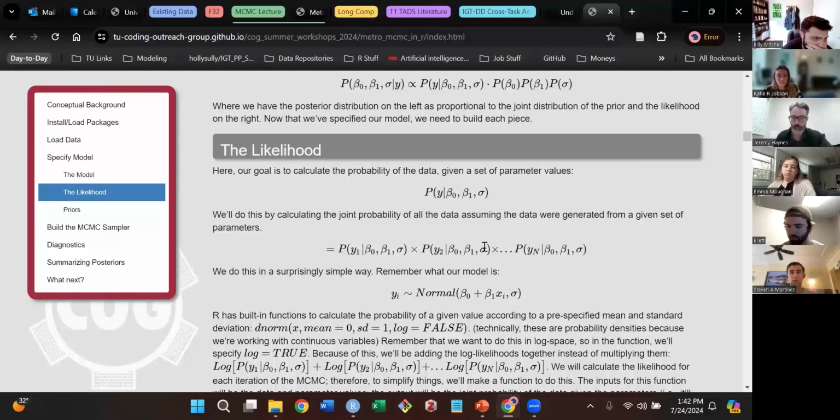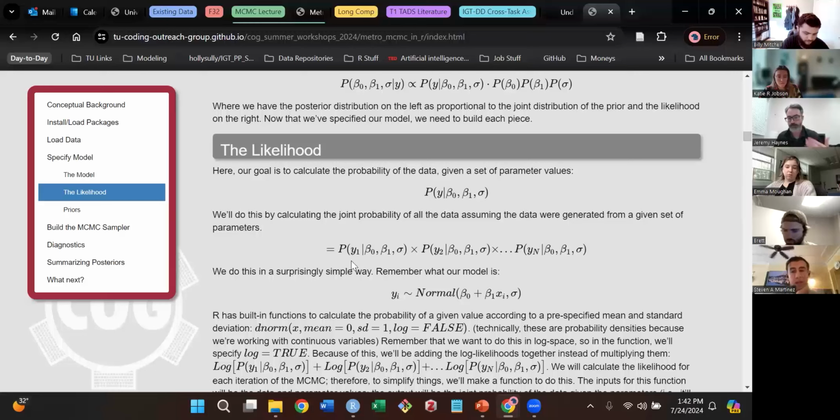So with the likelihood, we're specifying the probability of our data given the parameter values of interest, so the intercept, slope, and standard deviation. And effectively what we're doing is we're going to propose a value of these parameters and say, all right, what is the probability of these data, the joint probability of all these data, if we have this value for the intercept, slope, and the standard deviation.